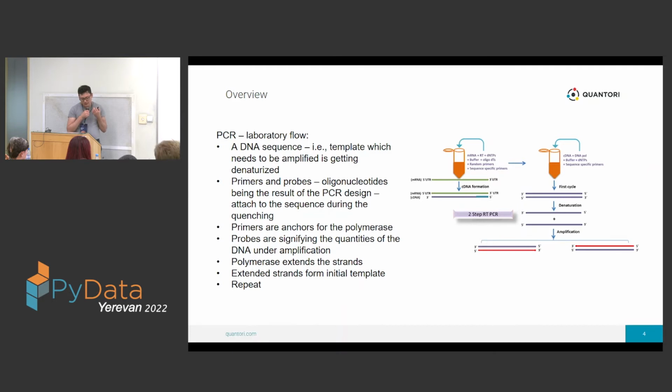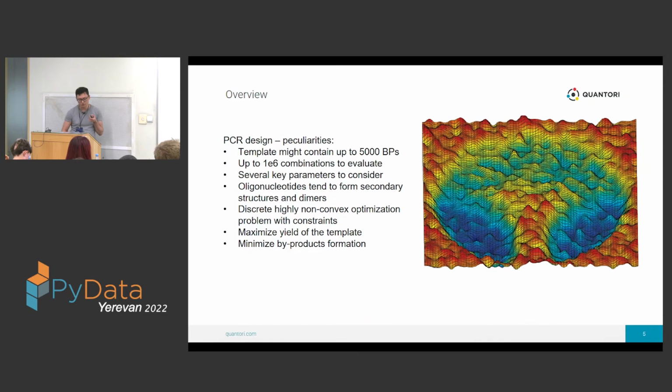As soon as it completes, we cool down the solution and repeat the steps again. So we have amplifying sequences, and each step produces twice as much DNA sequence as before. That's the idea, and the question is how to properly identify and design primers and probes to get the best results possible for our purpose.